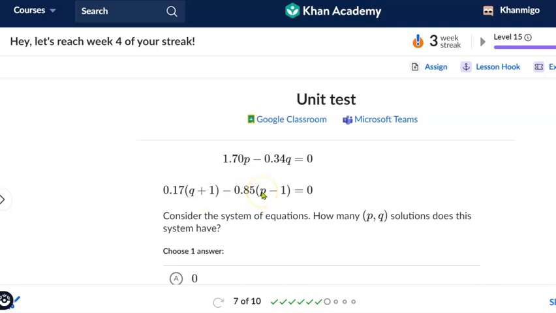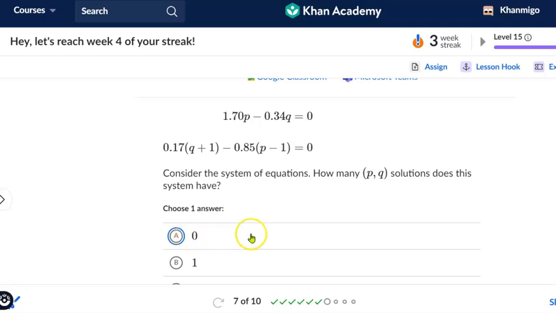No, this is X. So the 0.85 goes over here, and then we divide it by 0.17, which is also 5. Same slope. So they are parallel, and they have no solution.